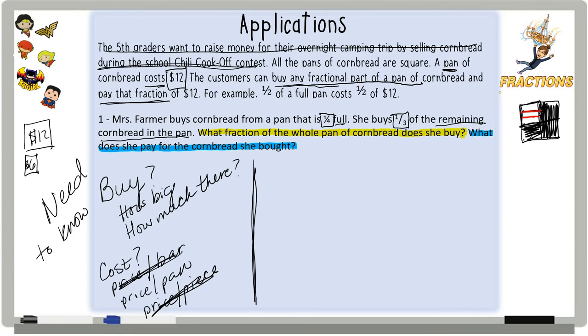What I do to one, I have to do to the other, do to it all. So that entire pan, even the pieces that are gone, would be split into those thirds. So now there's 1, 2, 3, 4, 5, 6, 7, 8, 9, 10, 11, 12. So each of those pieces is worth 1/12.